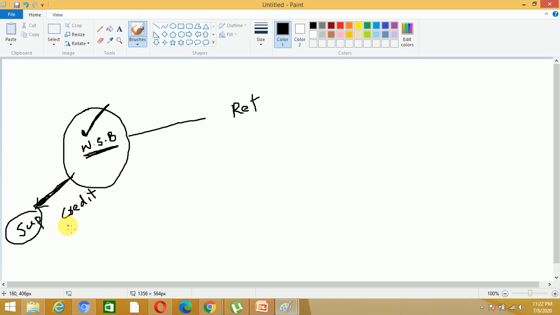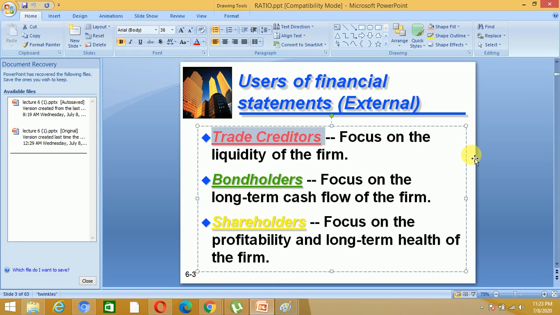Trade creditors are those people who are giving you goods on credit, and they are using financial statements for the analysis of your company.